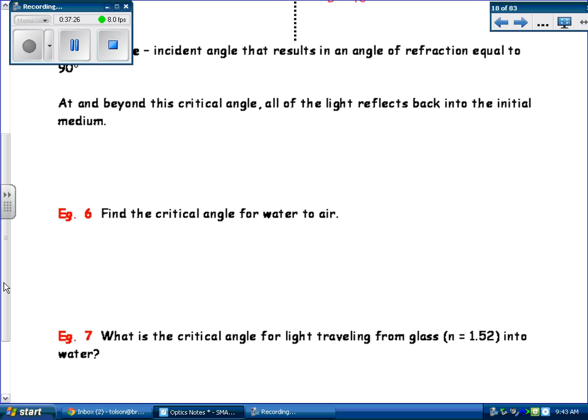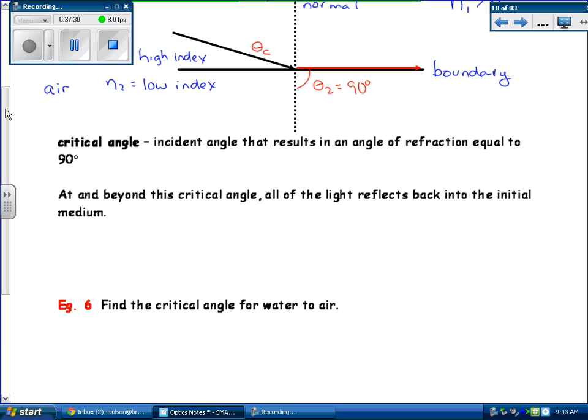So you have this critical angle, right? And what I've said is that when you're at or beyond that critical angle, all of the light reflects back into the initial medium because it has an angle of refraction equal to 90 degrees.